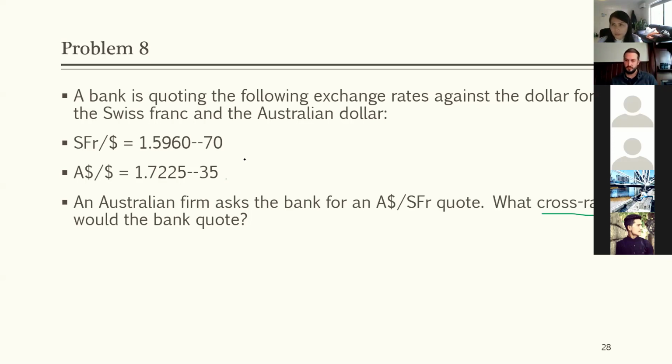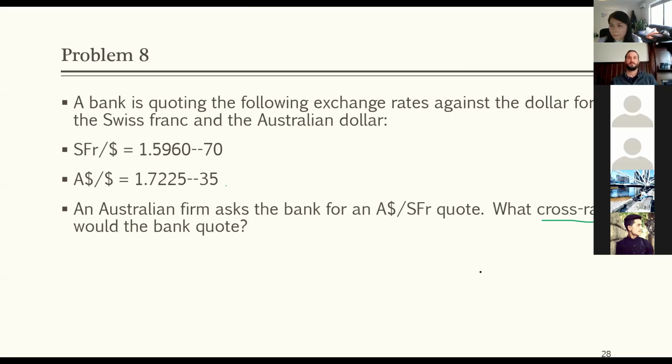So let me start a whiteboard, and we can do the question on the whiteboard, okay? So this is what my bank is quoting. The 2 direct quotes are between the Swiss franc and the dollar, and then the Australian dollars versus the US dollars, okay?